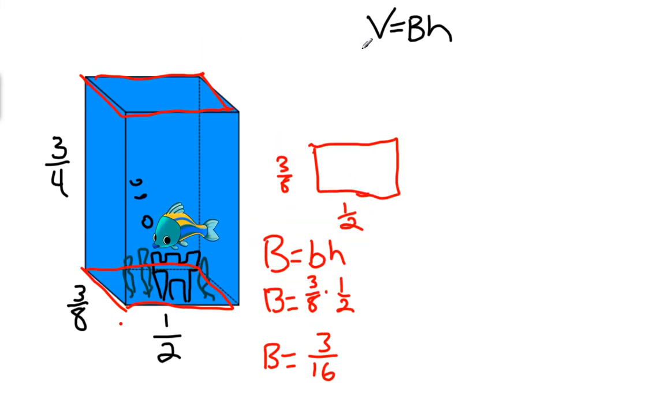So big B is 3/16, and we're going to multiply that by what? That's right, the height of the entire prism, not the height of the base. We don't care about that anymore. We're done with the base. Now we care about the height of the entire prism, which is this side right here. It's really difficult for some reason for me to draw up and down lines.